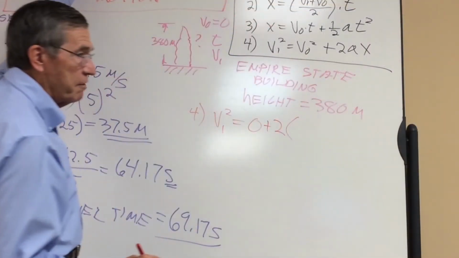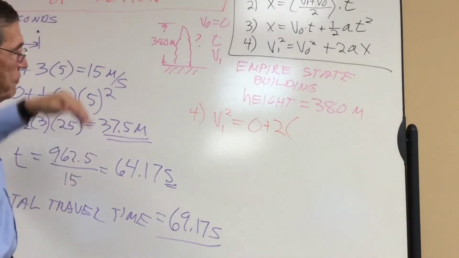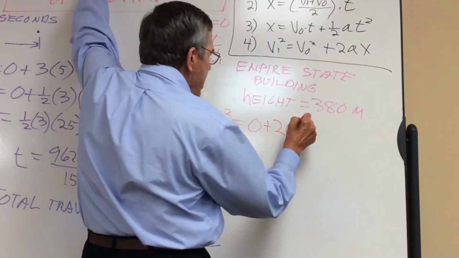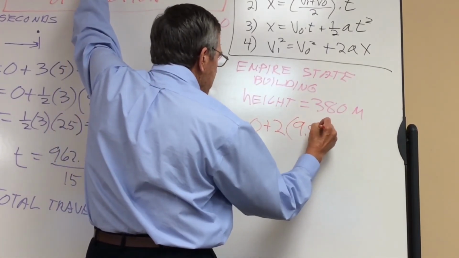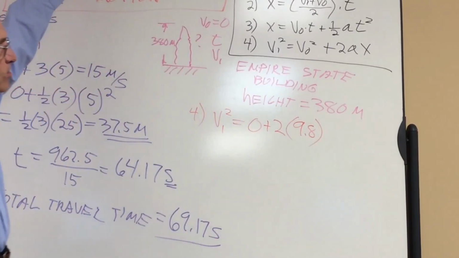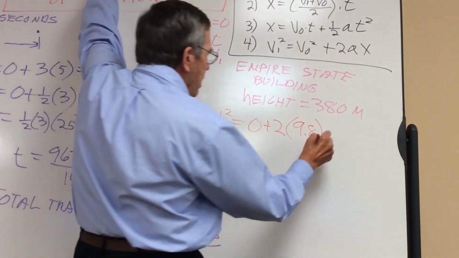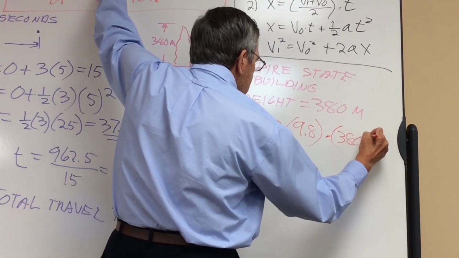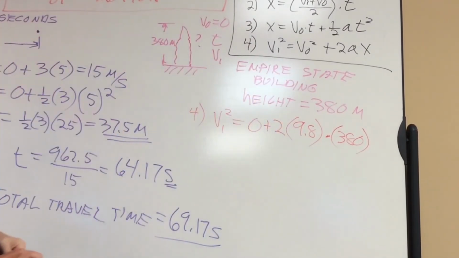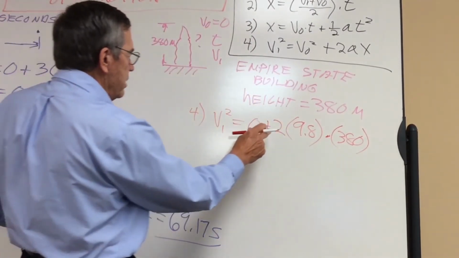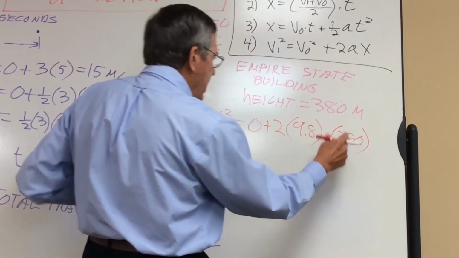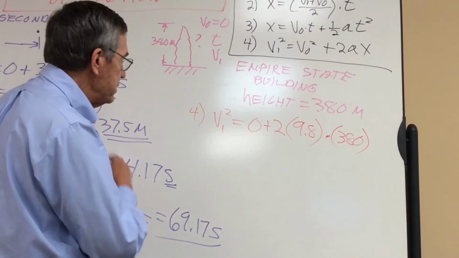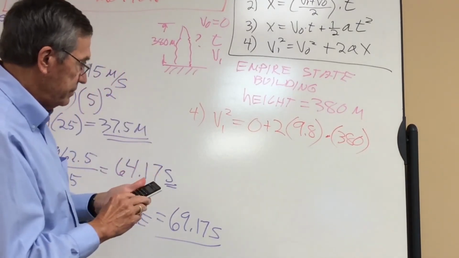Now, the acceleration of gravity, you've probably learned in your physics or physical science course, is 9.8 meters per second squared, and we're going to travel 380 meters. Okay? So that's what our equation is going to be. We're going to take 2 times this times that, get a number. We're going to take the square root of that, and that'll tell us our velocity. So let's go ahead and do that.